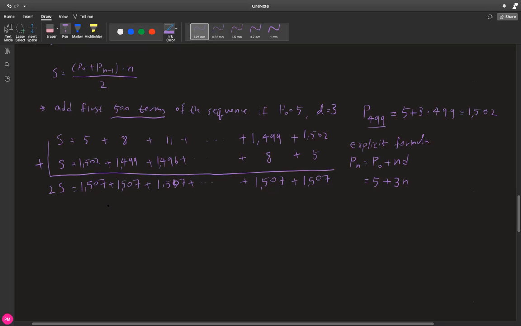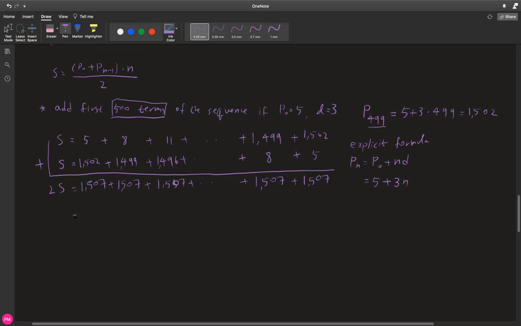So we have created a new sequence that's constant at 1507, and it's not changing. So we know that every single term in this sum is actually 1507. And what do we also know? We also know that there are 500 terms.